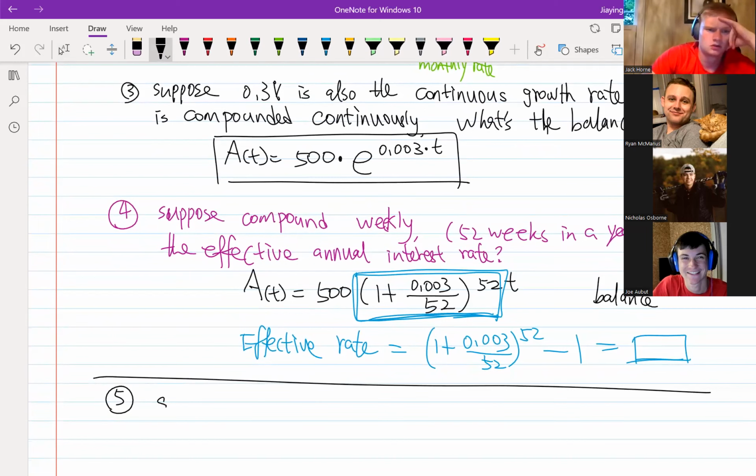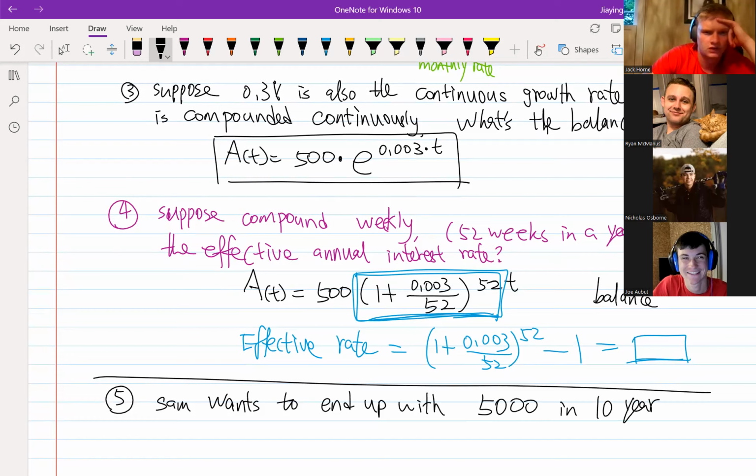Sam wants to end up with $5,000 in 10 years in a money market account, but some kind of investment account.